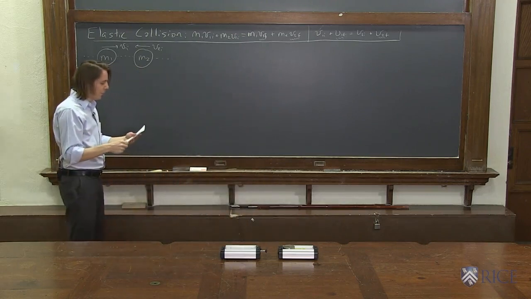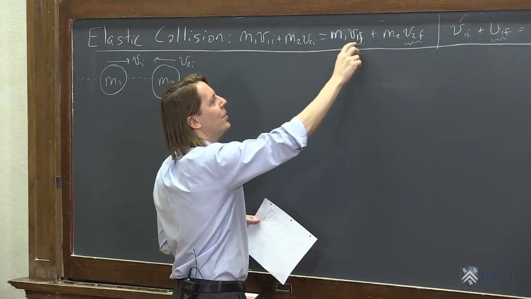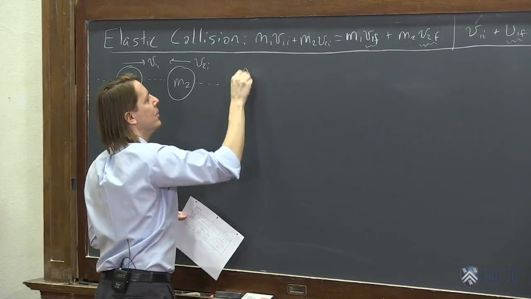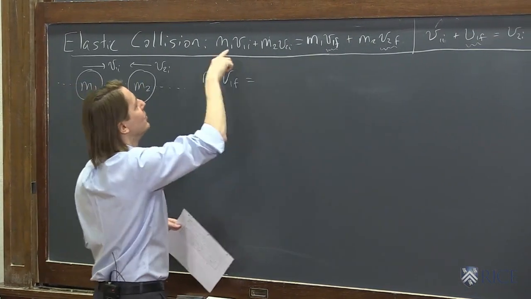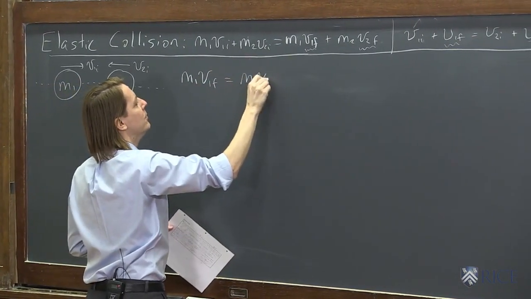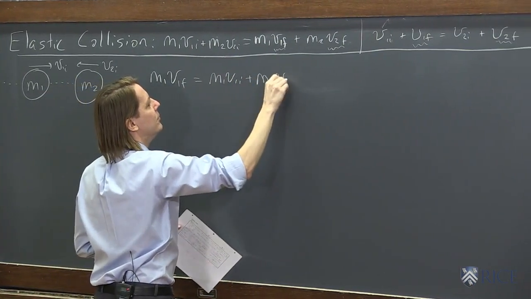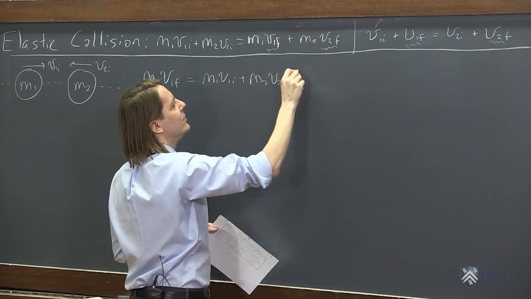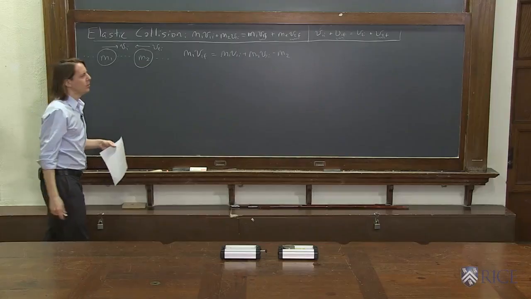Okay, so what we're going to do is figure out the smart way to do this. The smart way to solve for V1F is to get this by itself, but don't divide through by the M1. Let's keep the M1 here. M1 V1F equals M1 V1I, the initial velocity, plus M2 V2I, the other mass's initial velocity, minus M2 times V2F, which is an unknown we don't want.